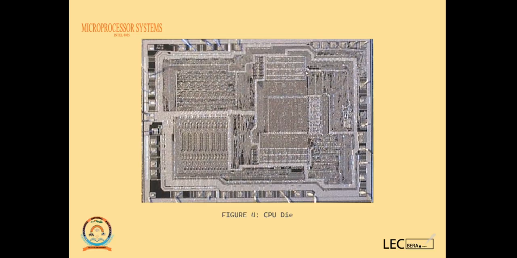Currently, we are making CPUs using billions of transistors. So you can imagine the difference in technology from 1976 to now. In 1976, this was a total of 75,000 transistors. But now we make CPUs using billions of transistors, even 50 billion transistors.